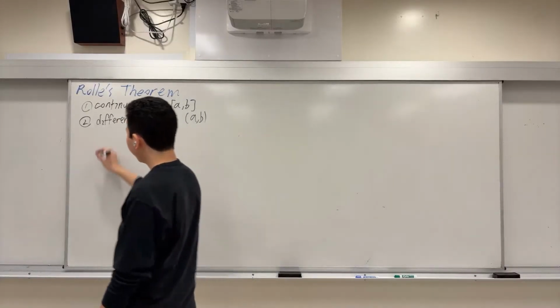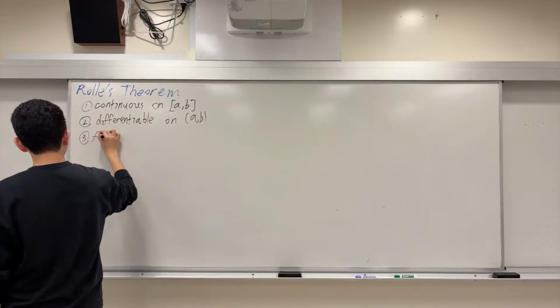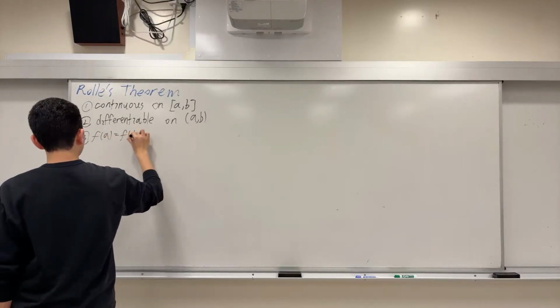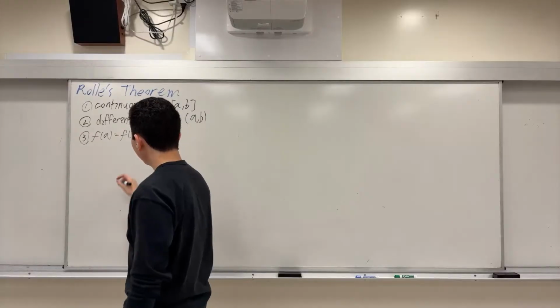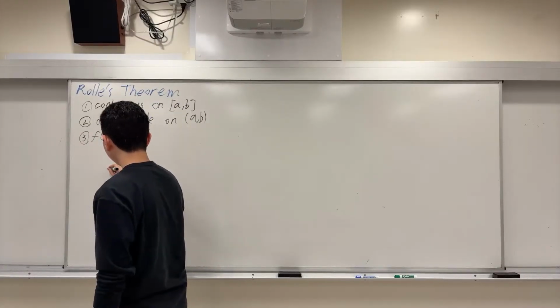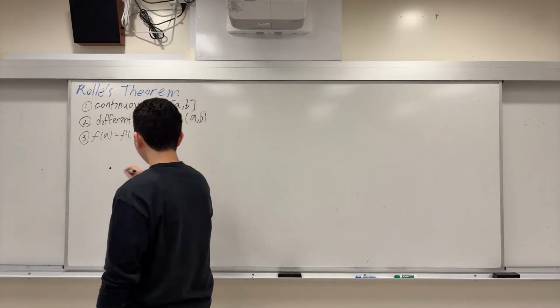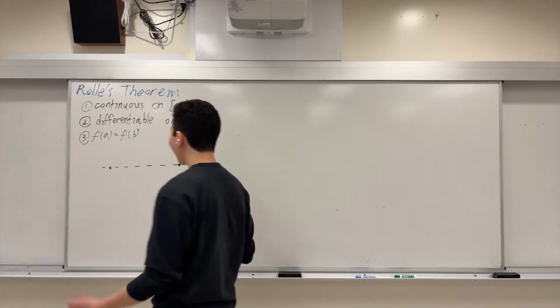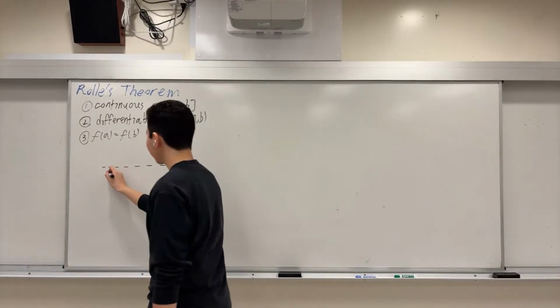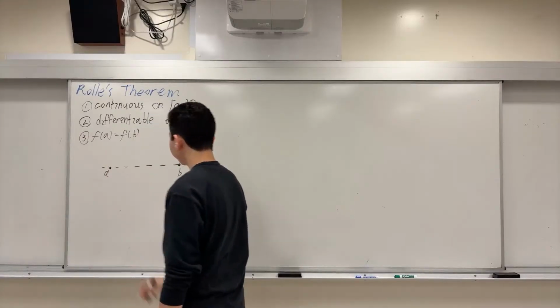And number three, in this case, f of a equals f of b. Okay, so let's say I have x equals a here, and it has to be on the same function value, so the y coordinate will be the same. So this is x equals a and x equals b.